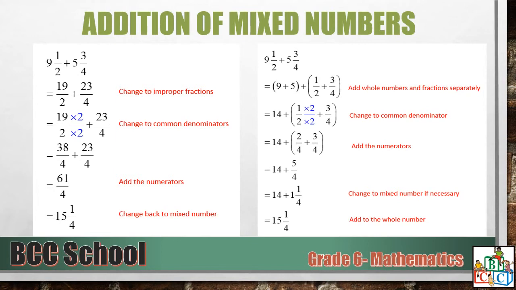You will have to change it to a mixed number. The second method is adding the whole numbers 9 plus 5, then adding the fraction. Your answer will be 15 1/4.